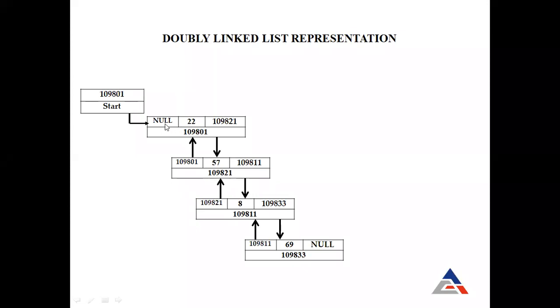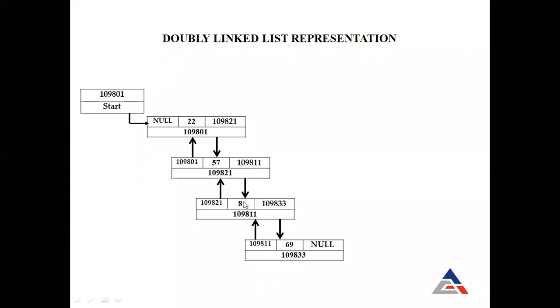The first node has value 22, and the next element is at location 109821, that is this one. Now if I am at this location, the previous node was at location 109801, that is this one. The value is 57, and the next node is at location 109811, that is this one.